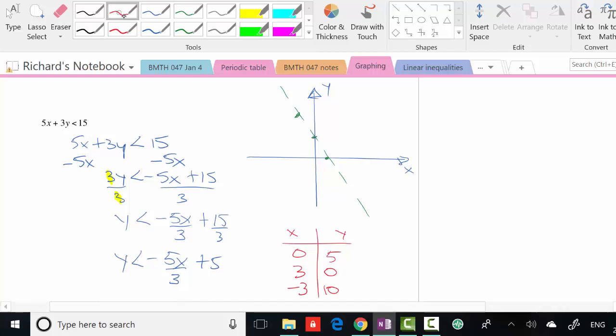All right, I'm going to choose a test point. I'm going to choose 0, 0 as my test point. I'm going to try to determine here whether the test point satisfies the inequality or not. So here we go. The inequality itself is y is less than minus 5x over 3 plus 5, so I'm going to substitute in the values of 0, 0 for y and x.